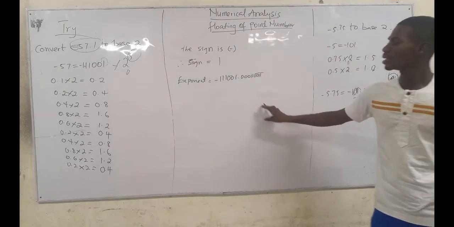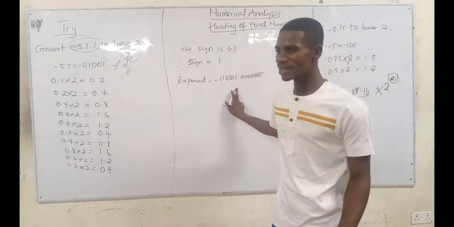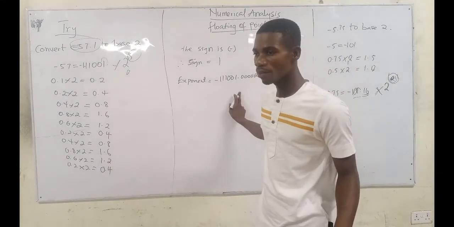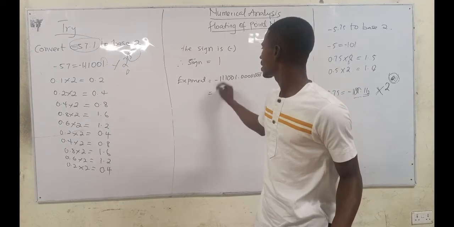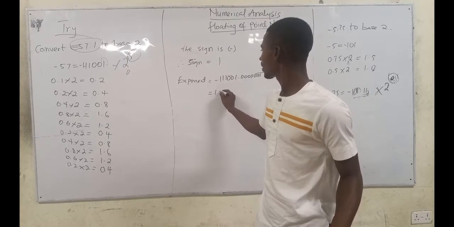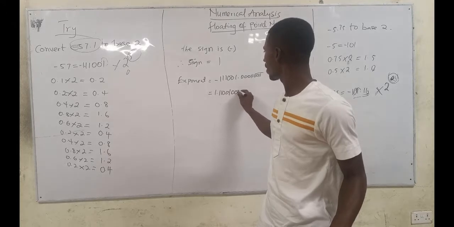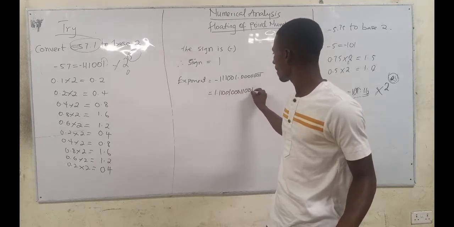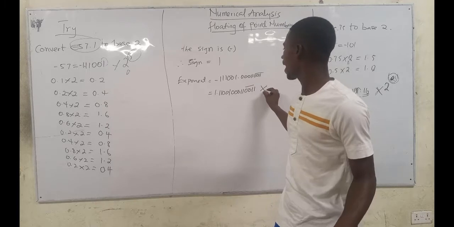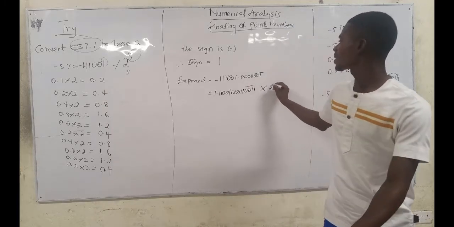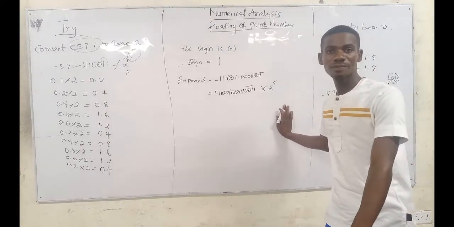Please, are you okay? So let's write this one in base 2 first, in a standard form. So we will get 1.11001001100. Please, are you okay?